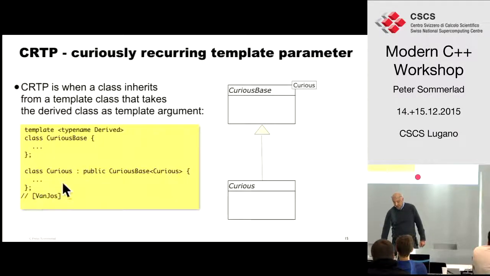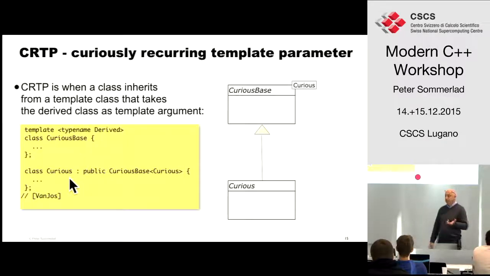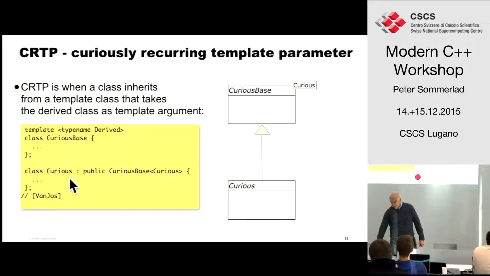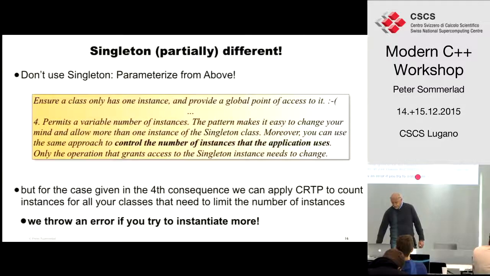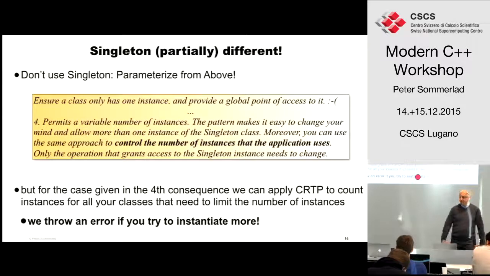This kind of inheritance typically is not the kind of inheritance you have with virtual member functions in the base class. It's adding features to the subclass through the base class. And I'll show you one of the features where you can get that.